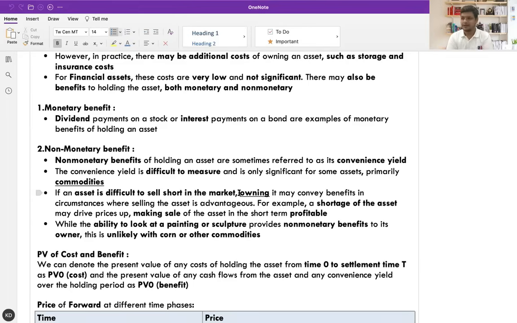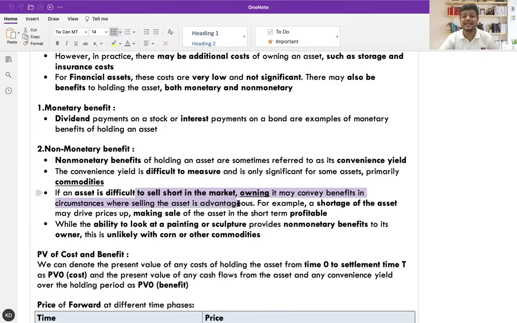In such a case, what will happen to the price? Should the price increase or decrease? Increase. So anyone who is physically holding the asset will be in great demand, isn't it? Clear?